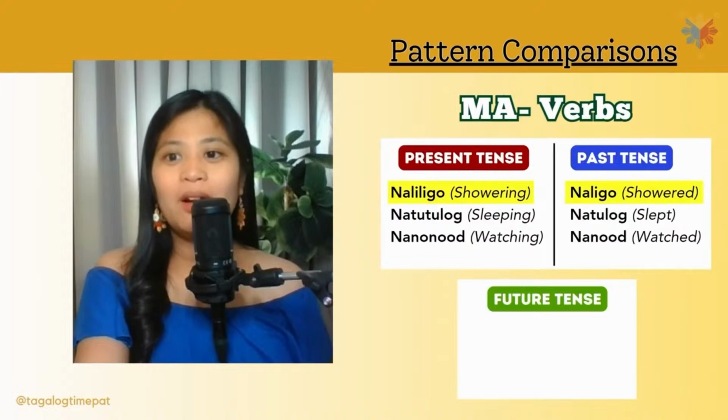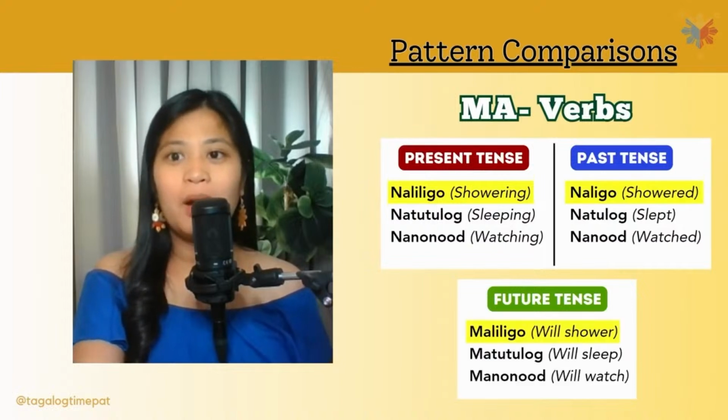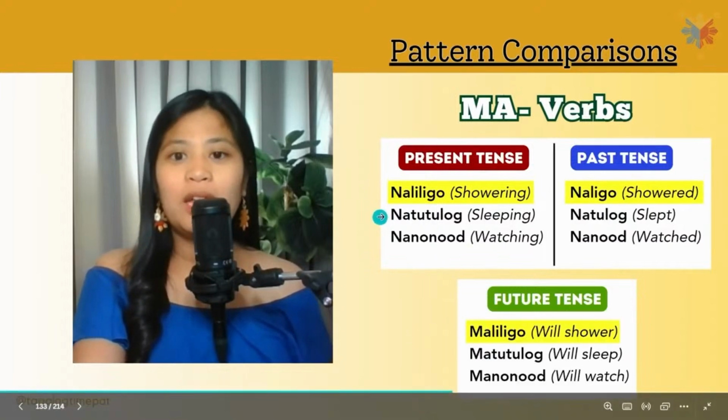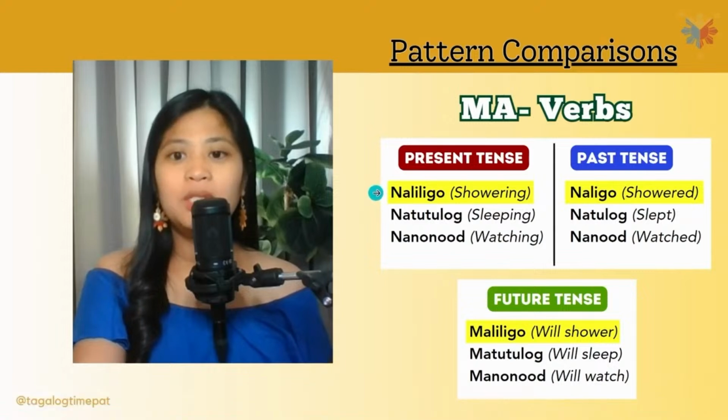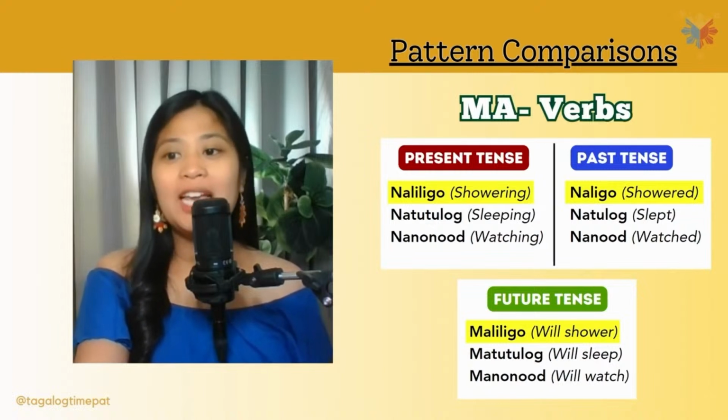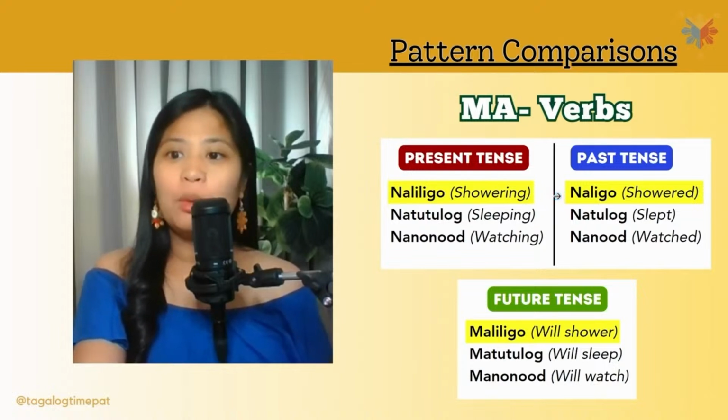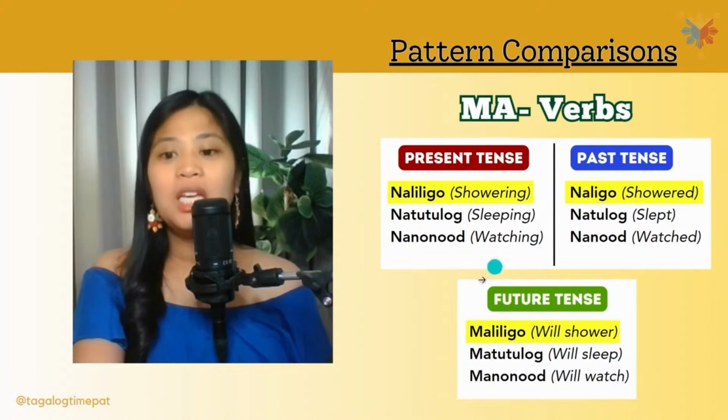Now let's compare all of the tenses together for ma verbs. Let's just take a look at the highlighted ones. Maligo means to shower. In the present tense, it's naliligo ako, taking a shower. In the past tense, it's naligo, showered. In the future tense, it's maliligo.